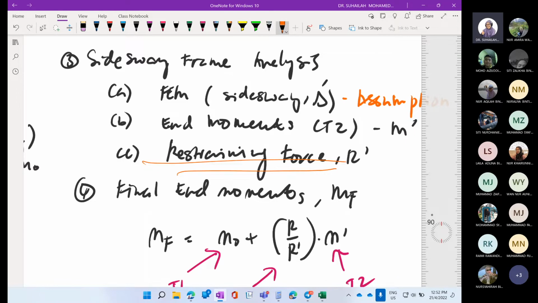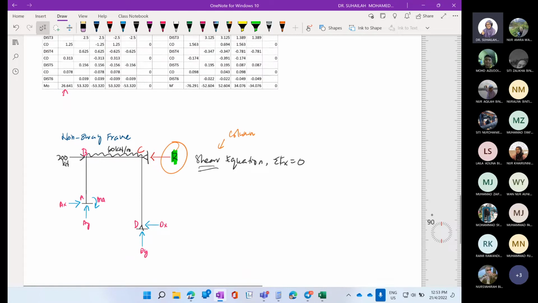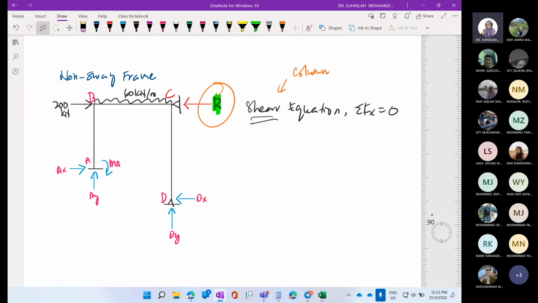If we want to calculate the R and R prime values, we have to analyze the diagram. We have to understand which diagram table number 1 reflects, and write whatever equation will include R, so that R will be the unknown that you will calculate. So by looking at this diagram, we find that the shear equation will include R. So what is the equation?